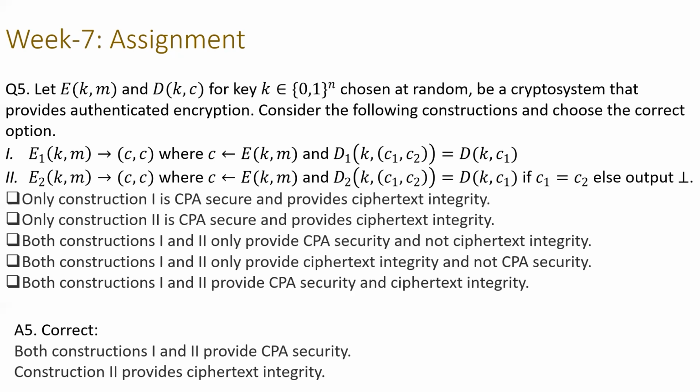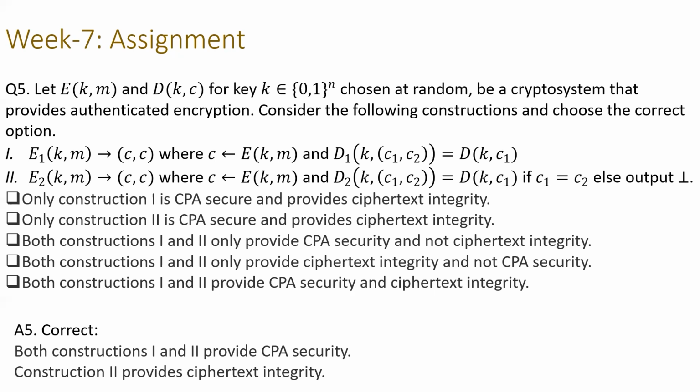But in the second construction, we say that it provides ciphertext integrity, because whenever you want to distort the ciphertext and get some new ciphertext which decrypts to some valid message, you cannot come up with such a ciphertext pair where C1 is not equal to C2, like the previous one.